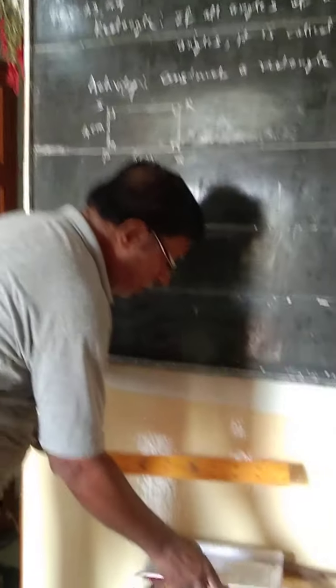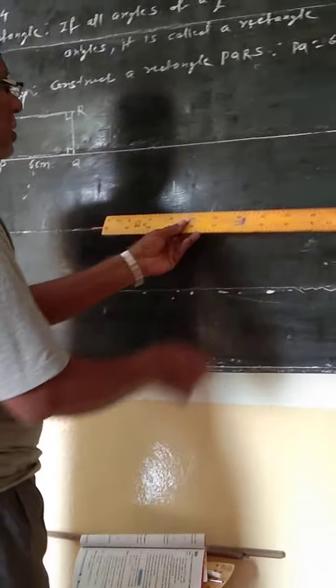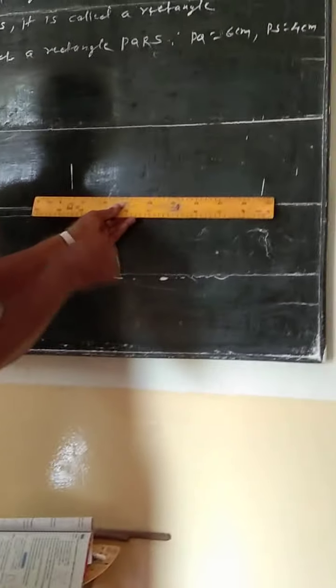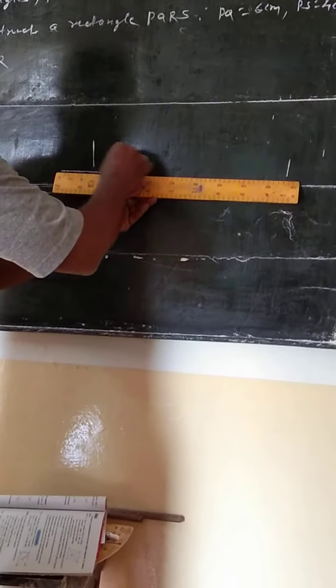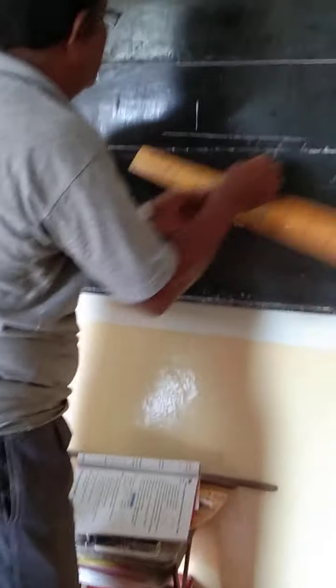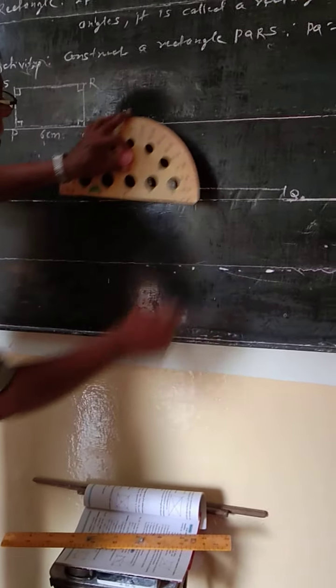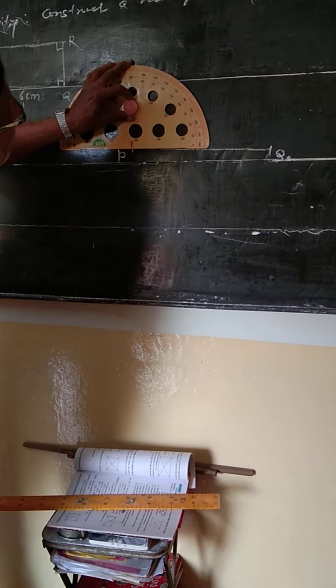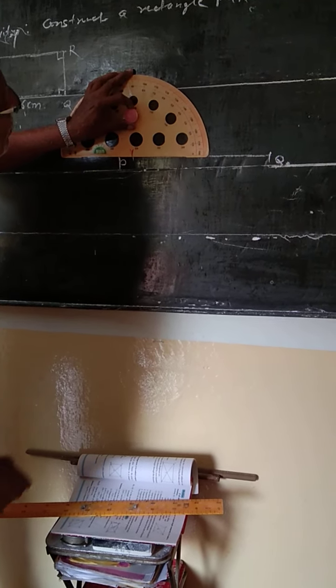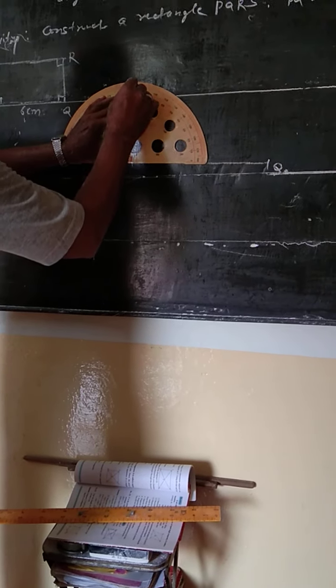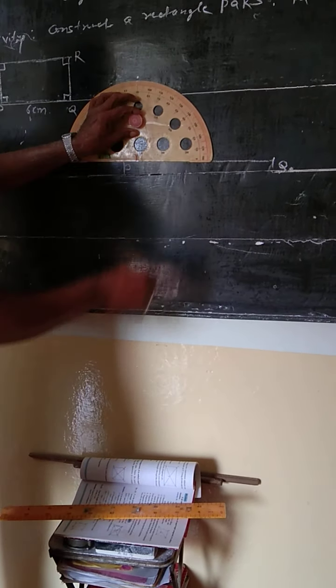Take 6 cm as base. This is 6 cm as base PQ. Then with the help of a protractor, take an angle of 90 degrees and draw the ray.